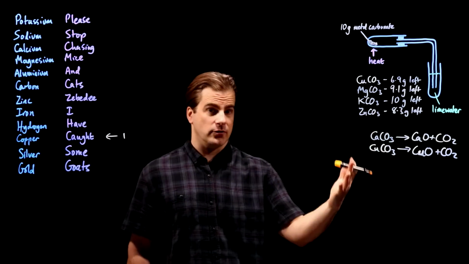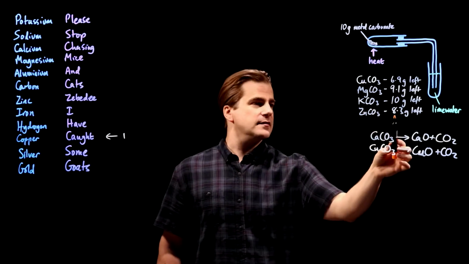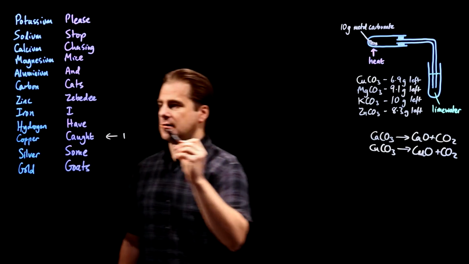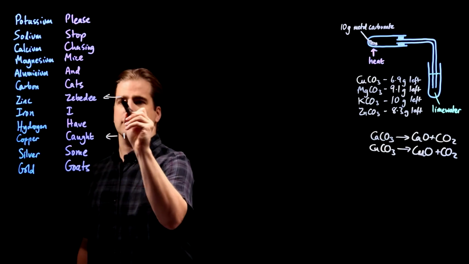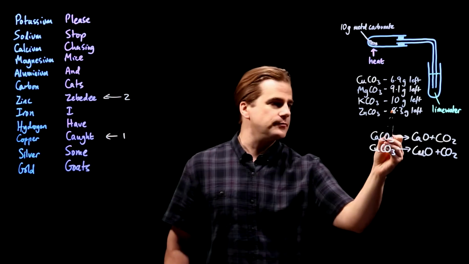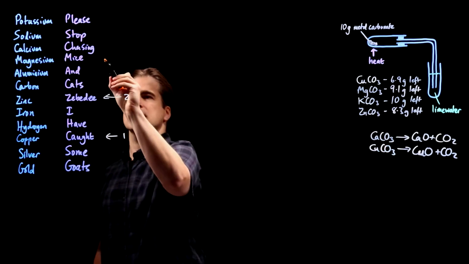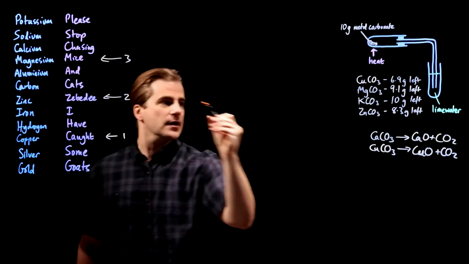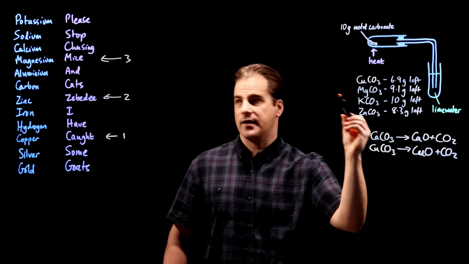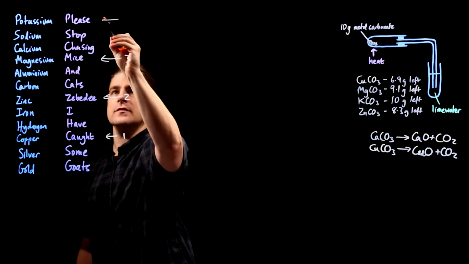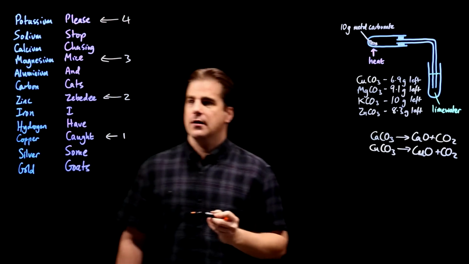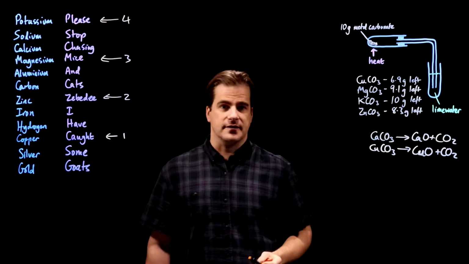It had reacted the most. The next is zinc carbonate there. That had reacted the second most. Then magnesium carbonate had reacted a bit. And then the potassium was in last place. It hadn't reacted at all, the potassium carbonate. Okay, so look, we've got a pattern.